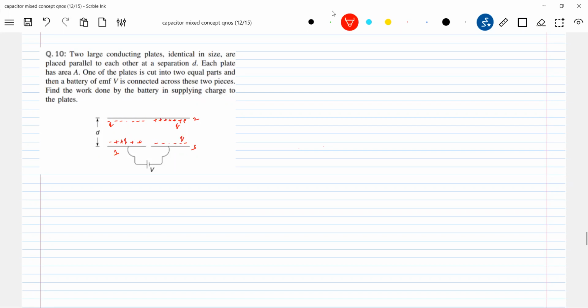I'm showing it in the diagram only. I'll magnify it and show it. Very small problem, but you are supposed to work out that charge distribution and check how the capacitor appears here.